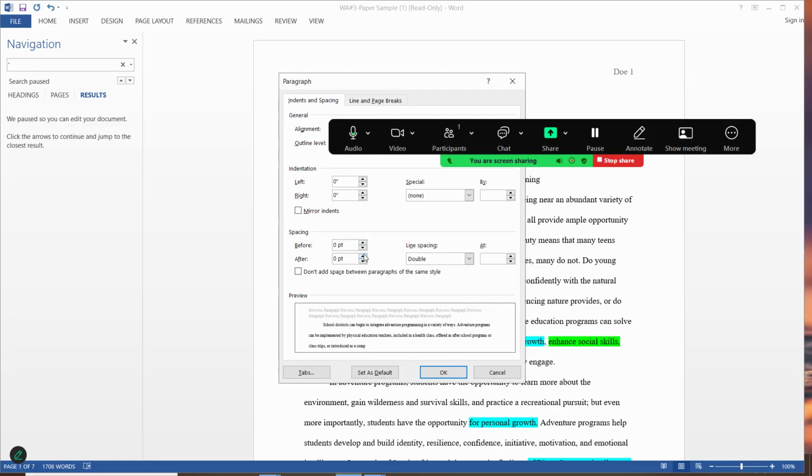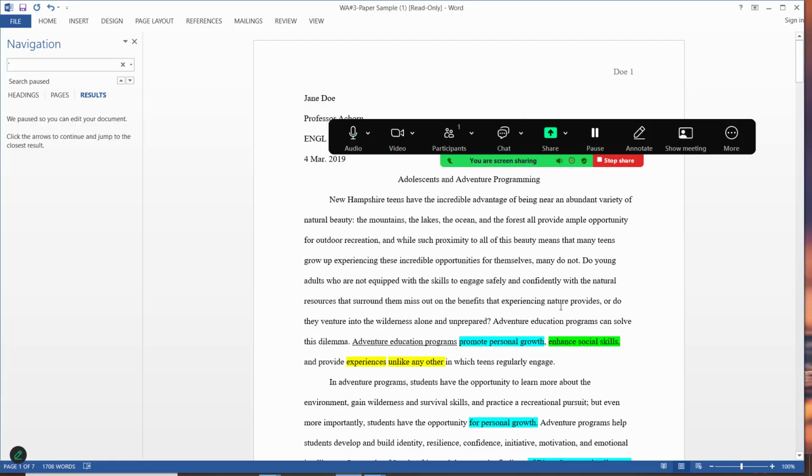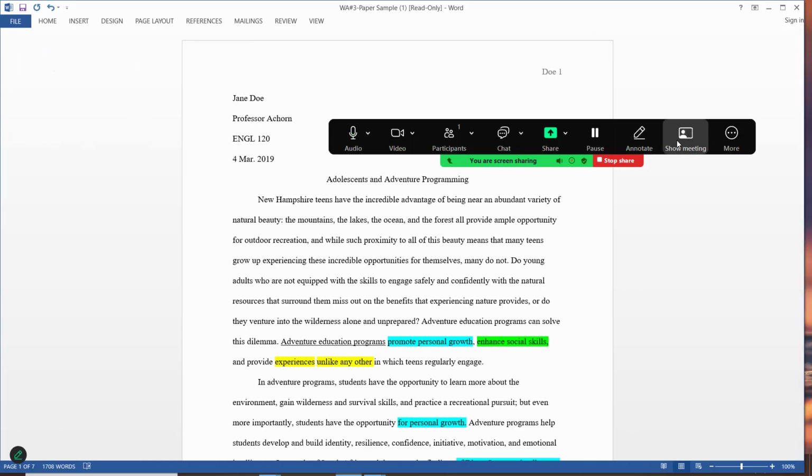Word is actually set typically at a different number. I think it's like 10 in order to accommodate a business document. But in writing, we don't want auto. We want 0. So you need to select 0 and then okay. Otherwise, you're going to find that your paper is a little shorter than the requirement. So that's also an important point to follow up with.